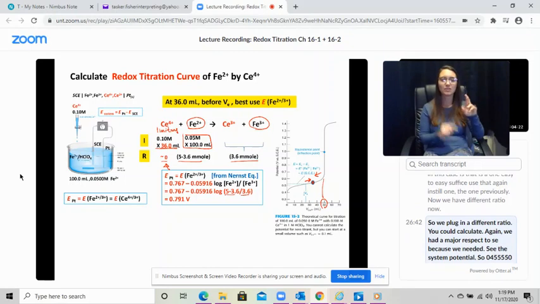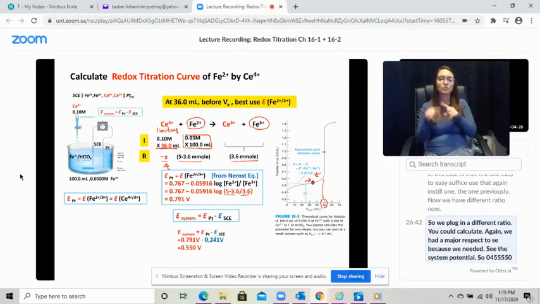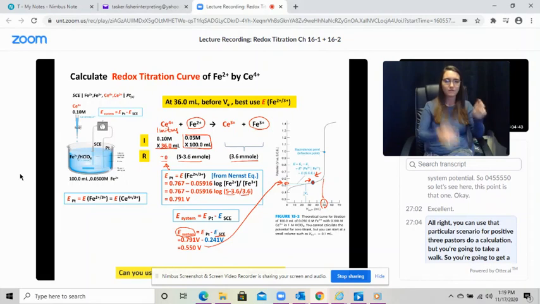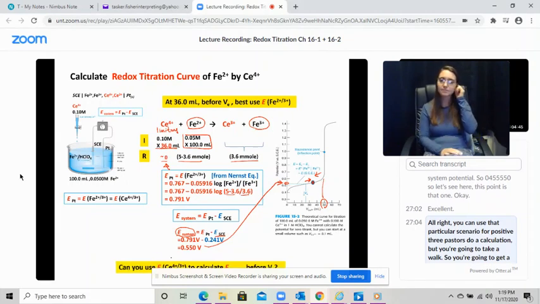You could calculate. Again, we have to measure with respect to SCE because we need to see the system potential. So 0.455, I see here, this point is that one. Okay. Excellent. You can use that particular cerium 4 positive and 3 positive to do a calculation, but it's going to take a lot of work.